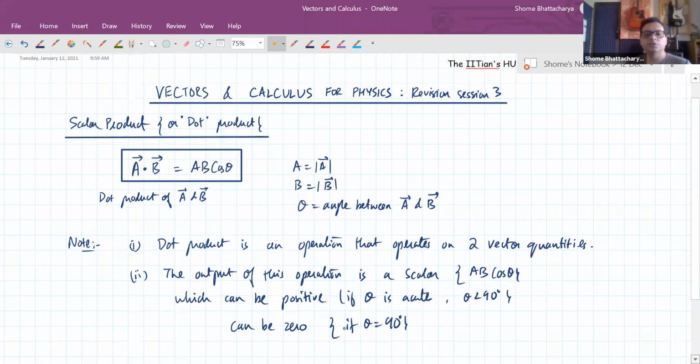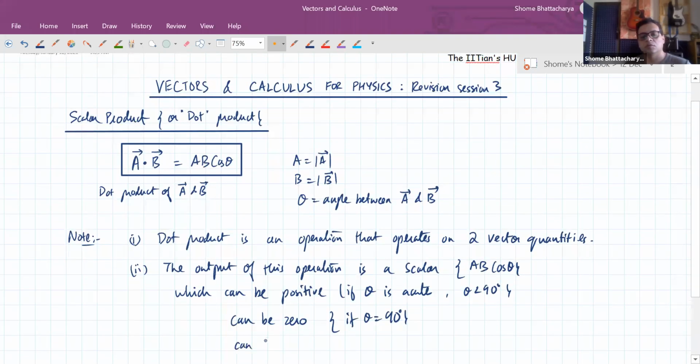On the other hand, it can also be negative if theta is obtuse, that is theta is greater than 90 and less than or equal to 180 degrees. So this is the basic definition and the essential properties of the dot product.